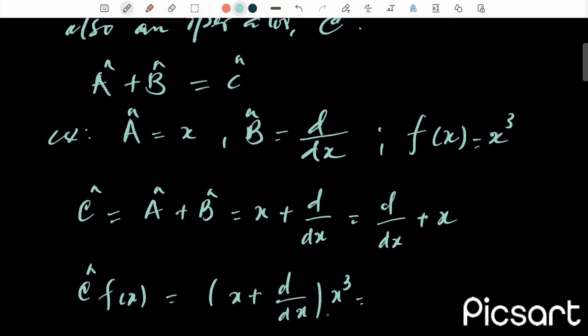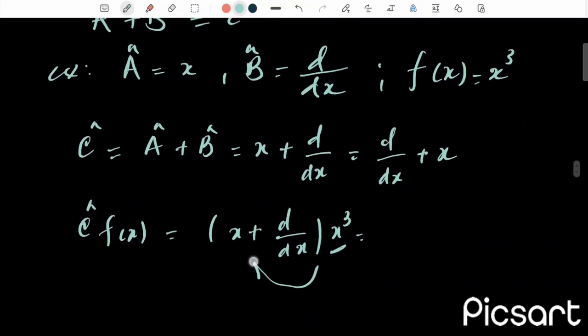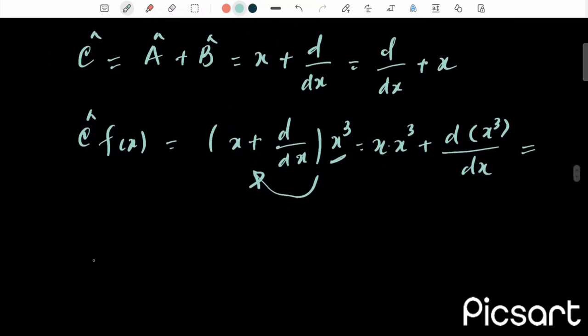And now we introduce this term in the bracket, and we get x times x power 3 plus d of x power 3 over dx, and we have as the result x power 4 plus 3 times x power 2.